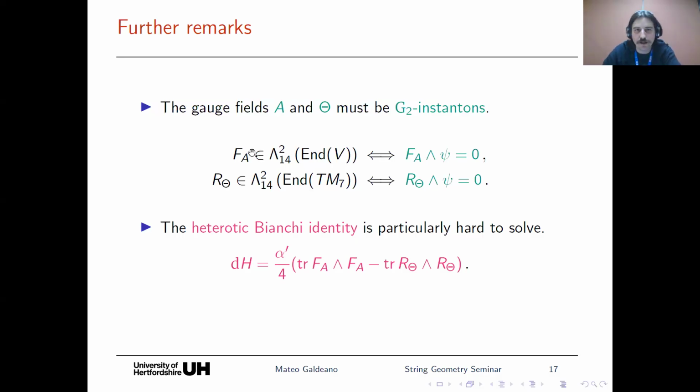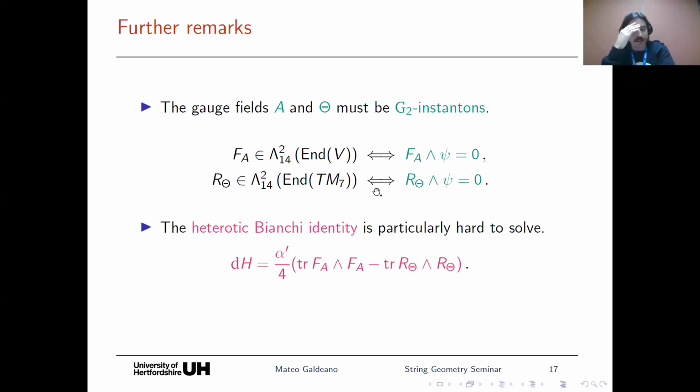Usually you can think of the curvature of a connection as a two-form taking values in the endomorphisms of the vector bundle. What we ask is that rather than taking values in the whole two-form space, it takes values in a particular part of the two-forms that is identified with the Lie algebra. So this G2 instanton condition is a restriction on the two-form part of the curvature, and you can rephrase it in terms of the 3-form of the G2 structure.